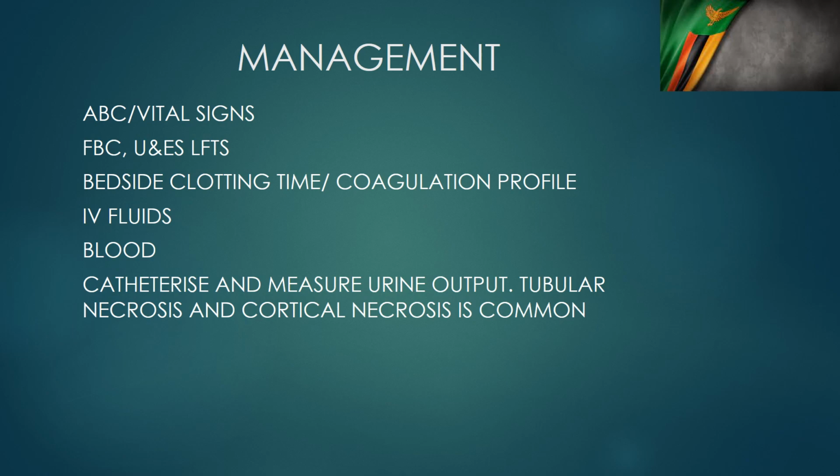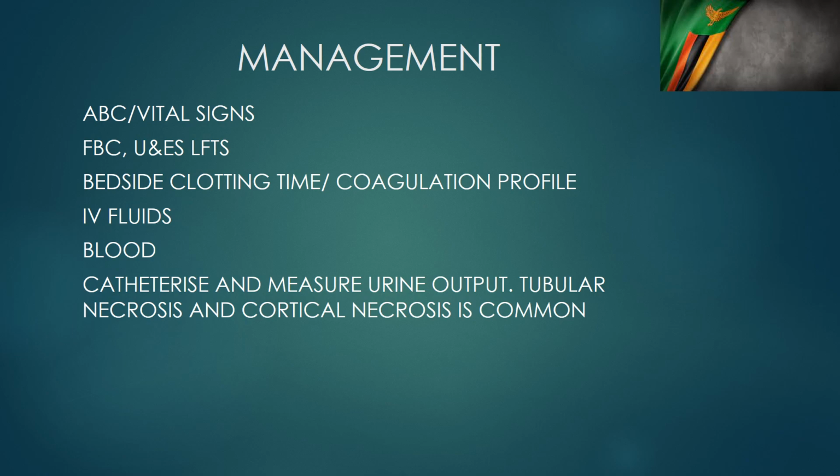Many times we don't have a coagulation profile. Our labs are not able to do it, so we normally just do a bedside clotting time. Anything above 7 is abnormal. Anything below 7 is okay. So we have to do our bedside clotting time because abruptio placenta is associated with disseminated intravascular coagulation, and therefore it's important to do this.